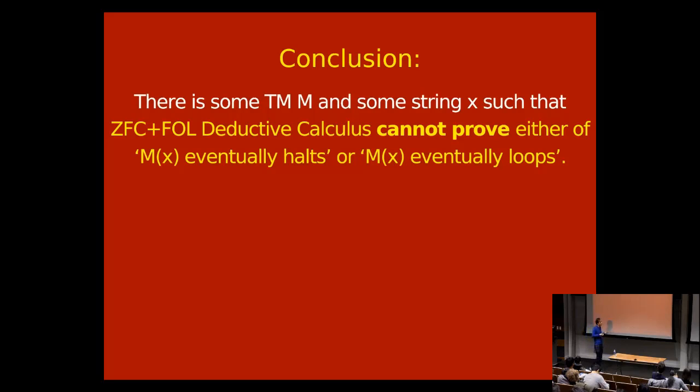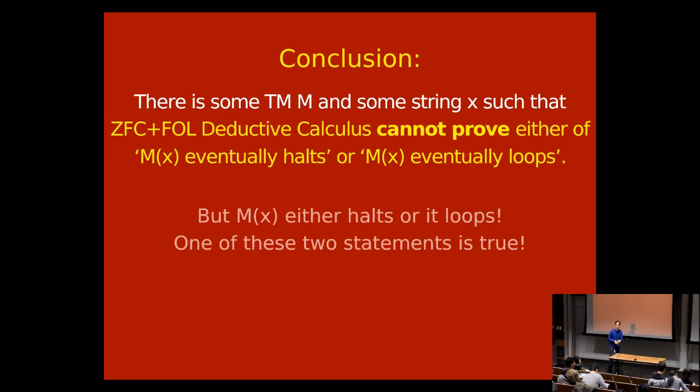In other words, by Turing's theorem, there has to be some input, a Turing machine M and a string x, such that there's no proof using the laws of ZFC and deductive calculus of the statement "M of x eventually halts" or "M of x eventually loops." But M is just a Turing machine and x is just a string. It either halts or it loops.